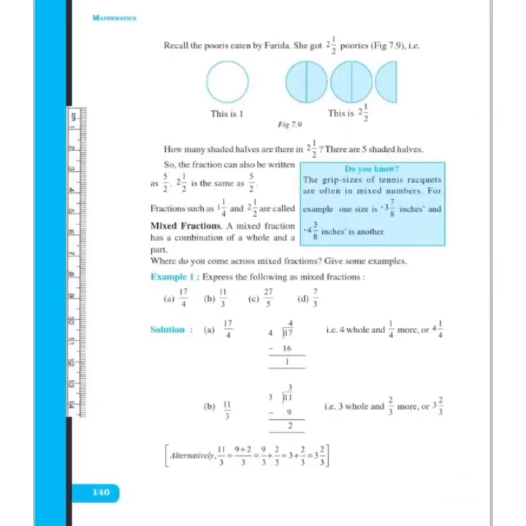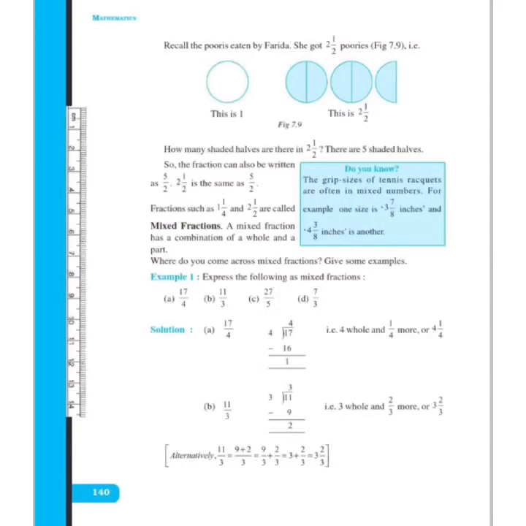So children, when you find a fraction which has a combination of a whole and a fraction part, those types of fractions are called mixed fractions. And children, do you know why it is called a mixed fraction? Because it is a mixture of a whole and a fraction.